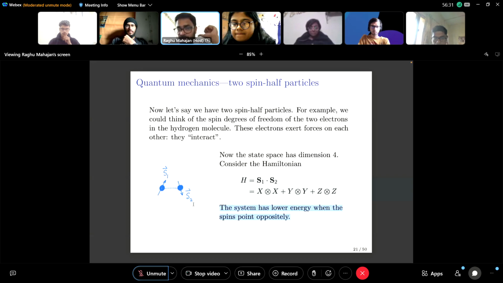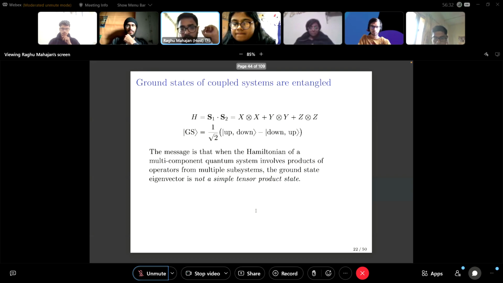They're interacting somehow. And if you actually work it out, if you take this Hamiltonian, the energy being spin vector times the spin vector, the lowest energy state is actually not this up down and down up separately, but this linear combination.